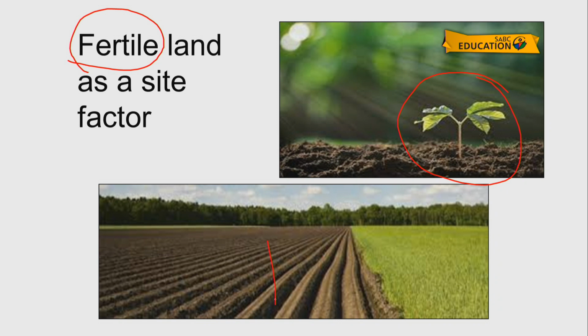So here you might find on the left-hand side, that's fertile land shown by those plowed fields. And on the right-hand side, you would find infertile. Although it looks green, it's not suitable for farming. So where would the farmer choose to live? Probably on the left-hand side of the photograph.